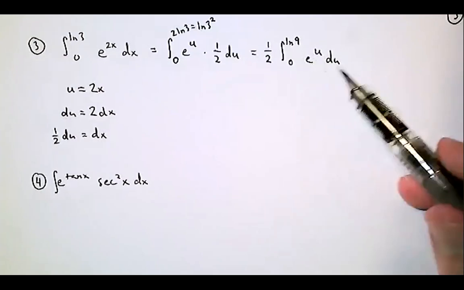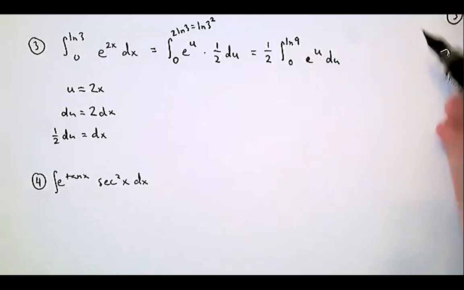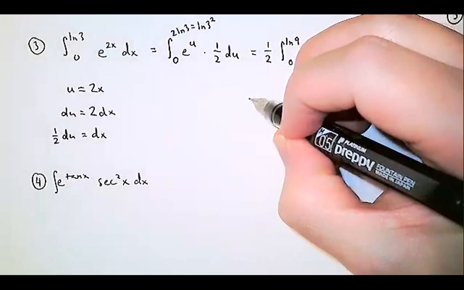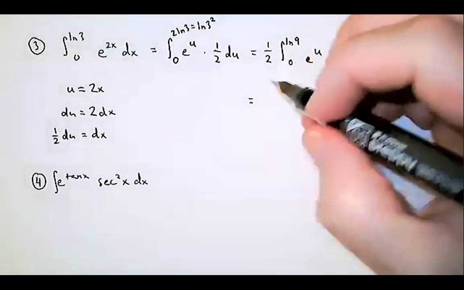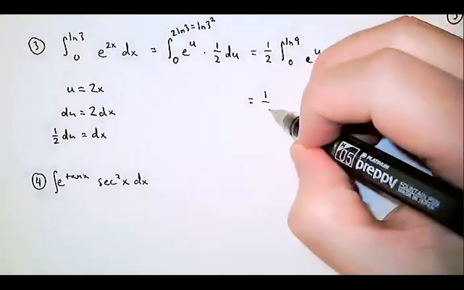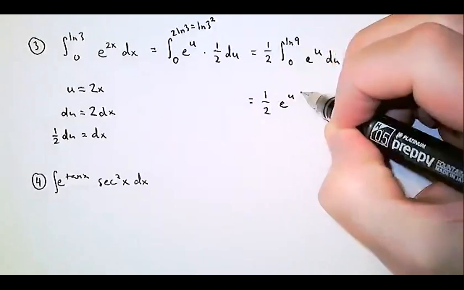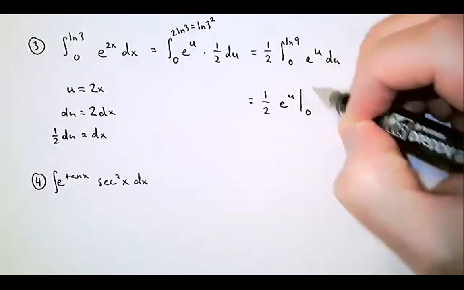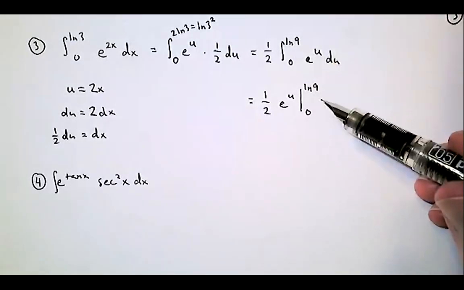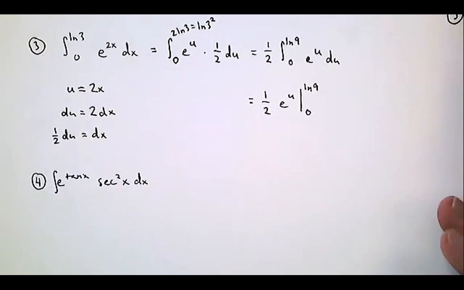So since this is just e to the u du inside of the integral, we can use our basic rule for integrating e to the x, right? We just get e to the x again, or e to the u, depending on the name of our variable. And then we just have to plug in our limits of integration and find the difference.